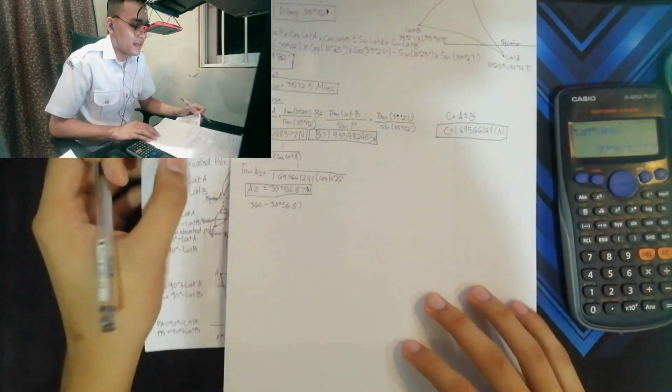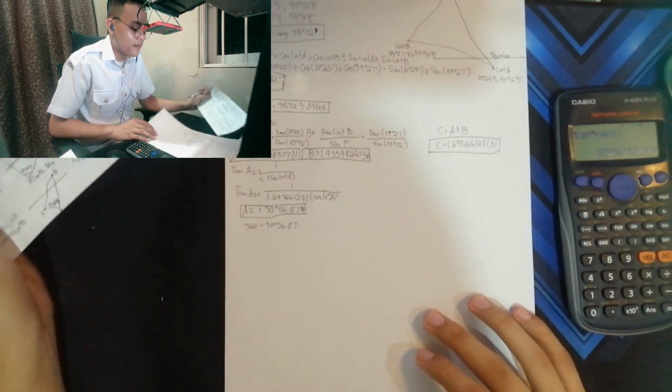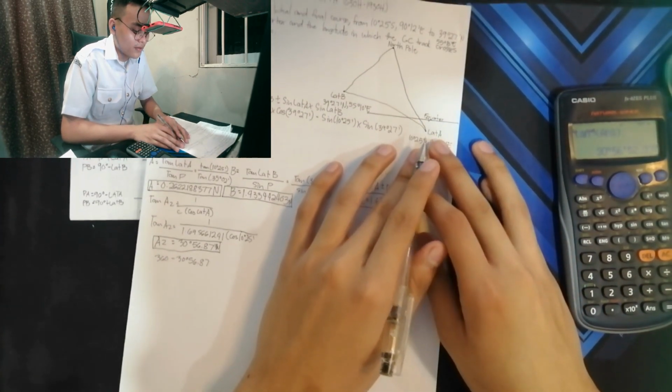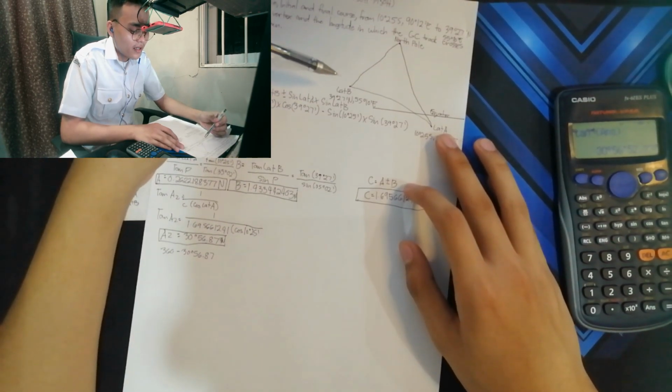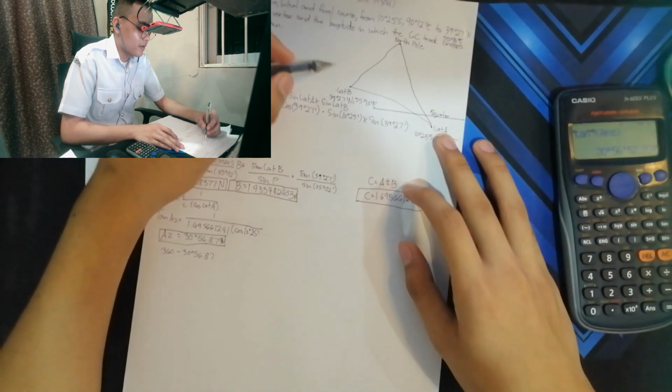So why 360? We're gonna analyze your problem. So initial course, you're from latitude A, south of the equator. So how will you find your true course when you are proceeding to your point B?